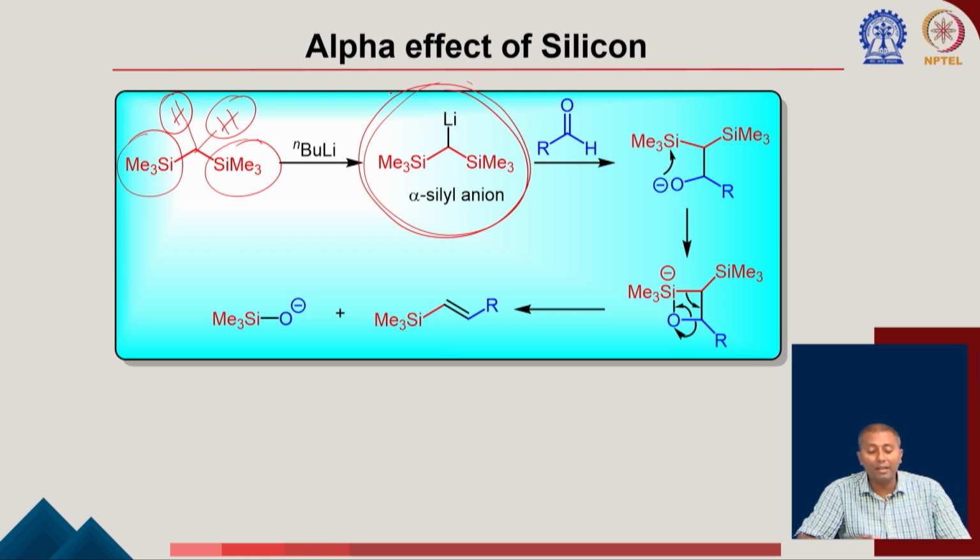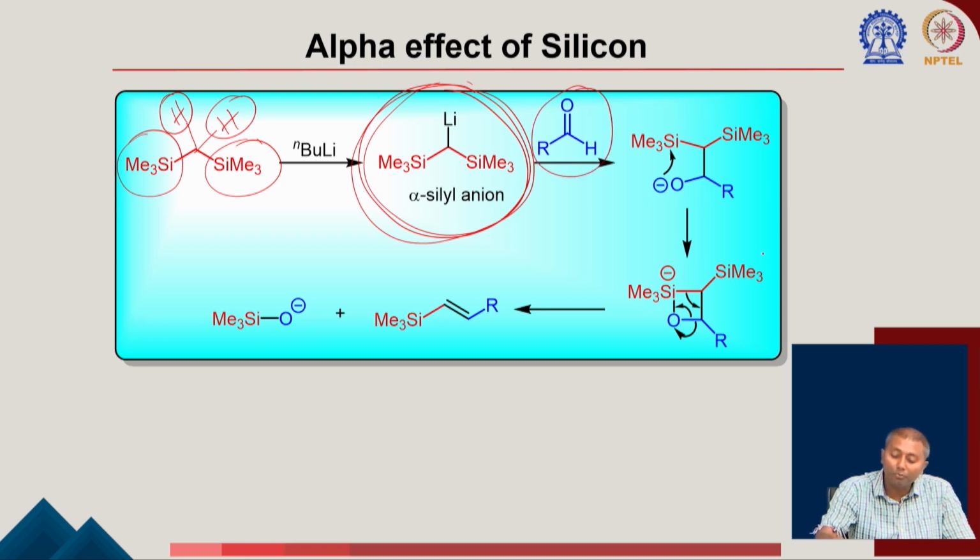This alpha silyl anion is used for several different transformations. One important transformation is the Peterson olefination, which I will explain after a few slides. It can react with an aldehyde to form the corresponding vinyl silane.